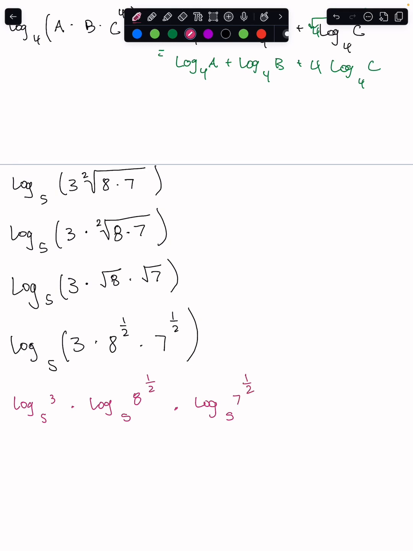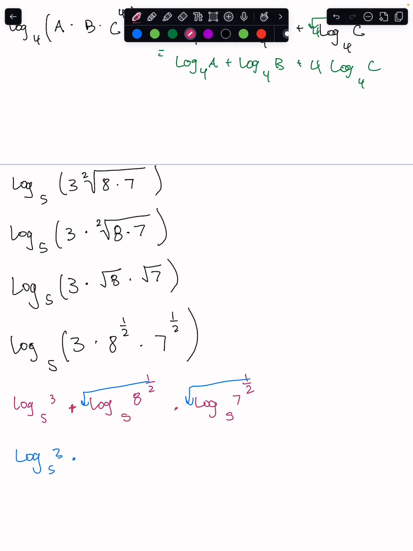And then, as we know, we've done a couple of these already. This is going to drop here. This is going to drop there. So my final answer is going to be log 5 cubed times, not times. The multiplication should trigger addition.